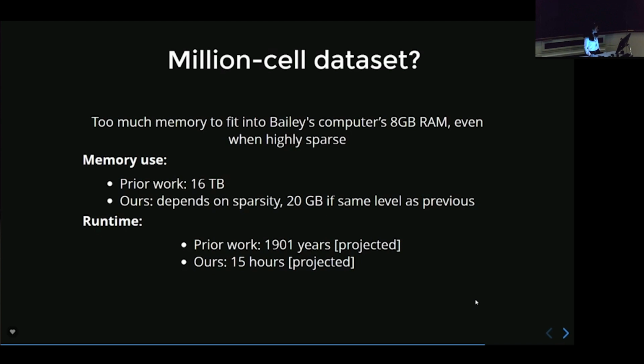For example, on a million cells, you will need, with prior work, 16 terabytes, but depending on the sparsity that we impose, we will need about 20 gigabytes, and potentially we could do it, but we need a more powerful computer to do so. The prior work would have run in 1,901 years, and this would run in about 15 hours on a computer that has at least 20 gigabytes of RAM.